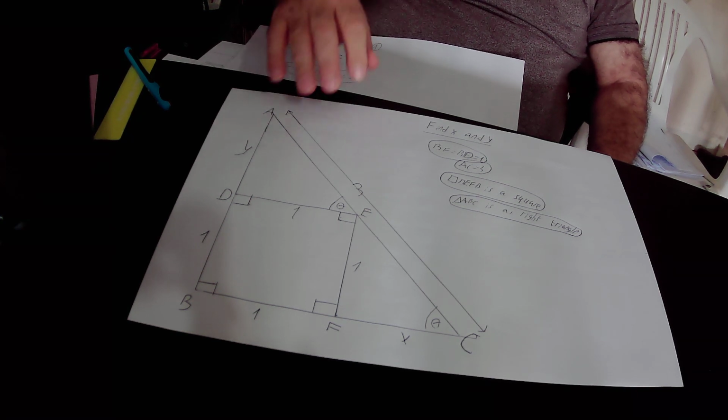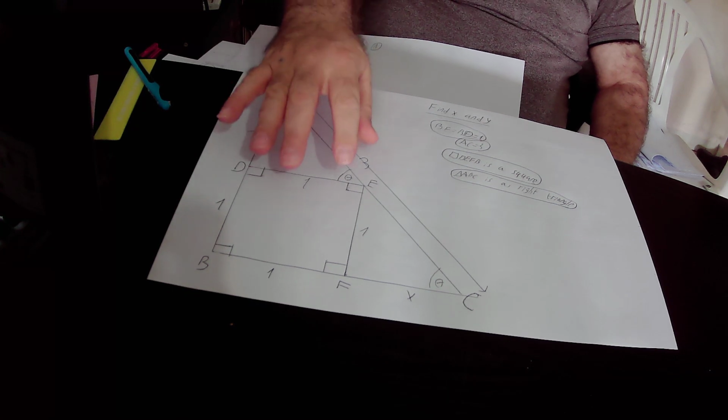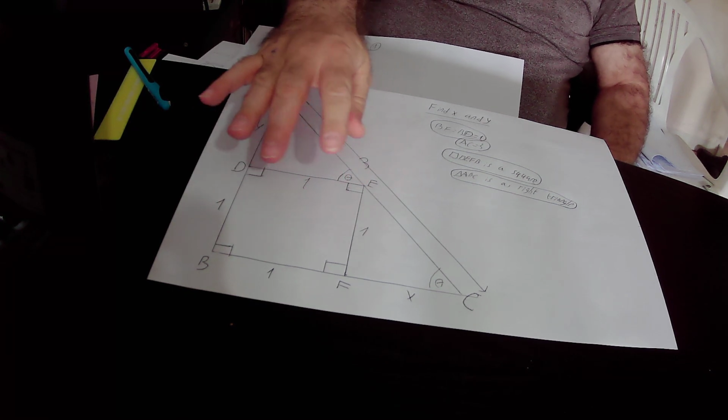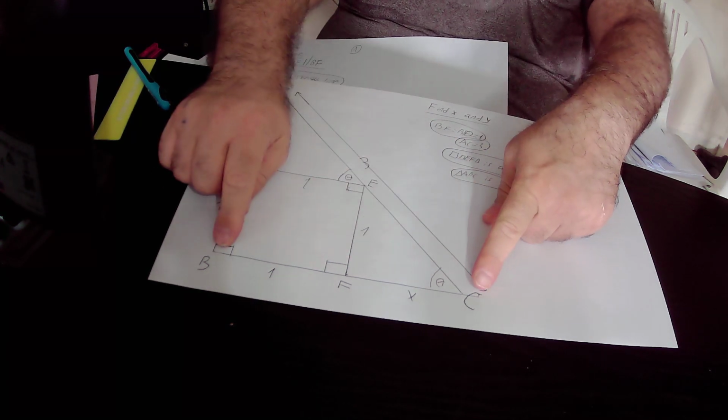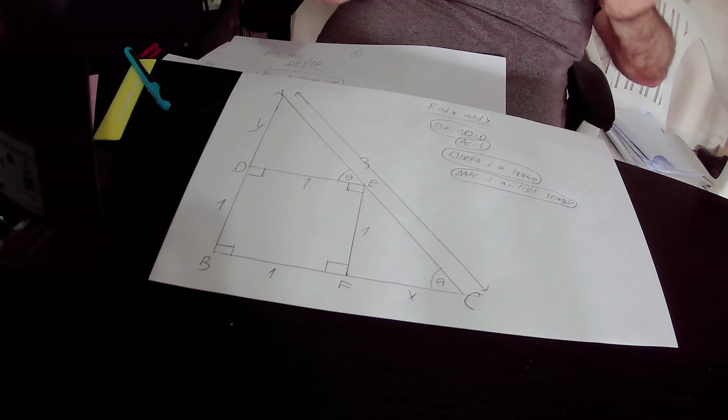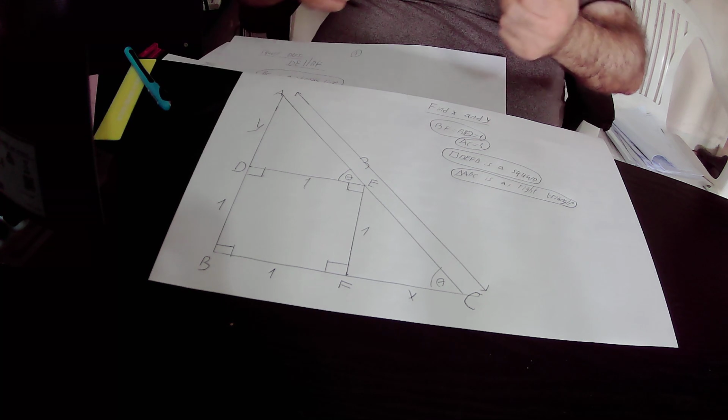And what is BF? BF is part of BC. And we know that BF is parallel to DE.